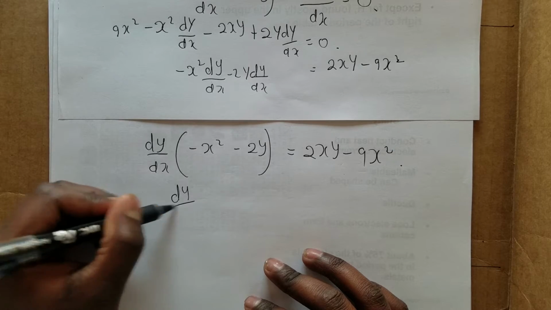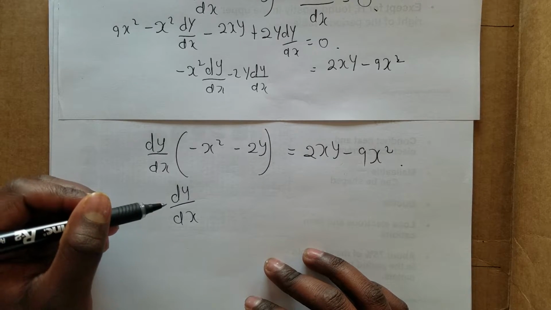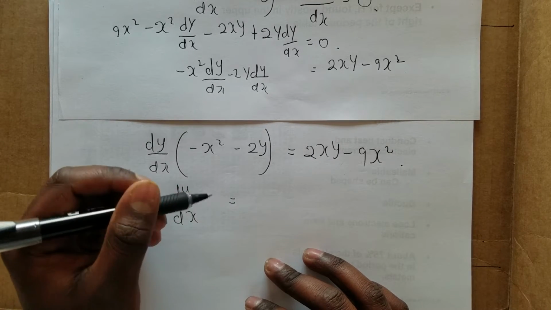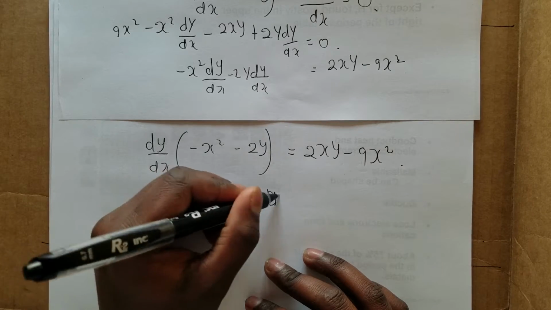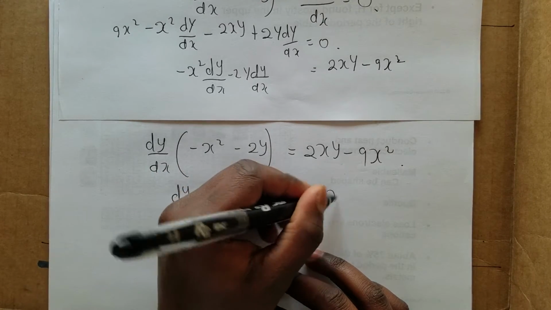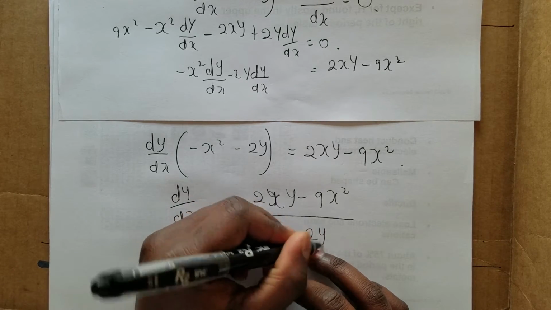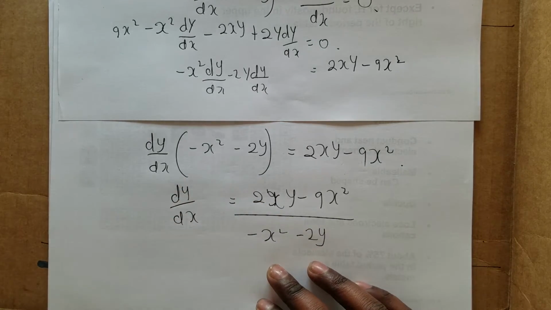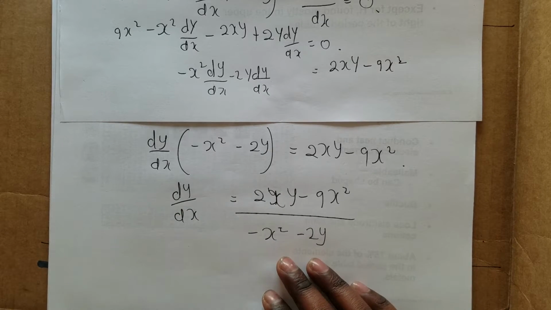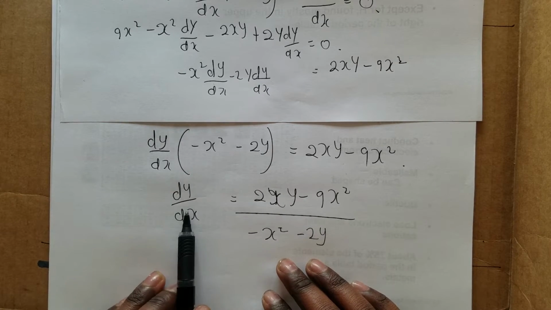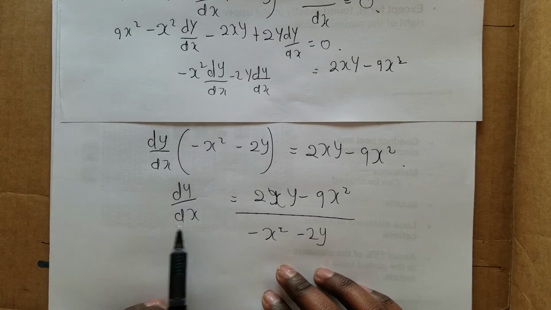So you get dy/dx is equal to 2xy minus 9x squared, all over negative x squared minus 2y. See that?